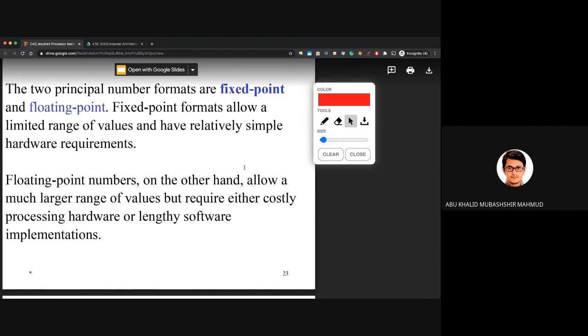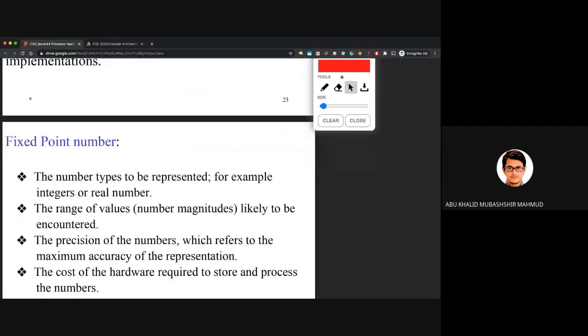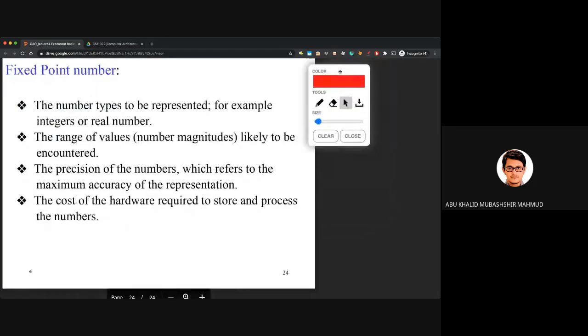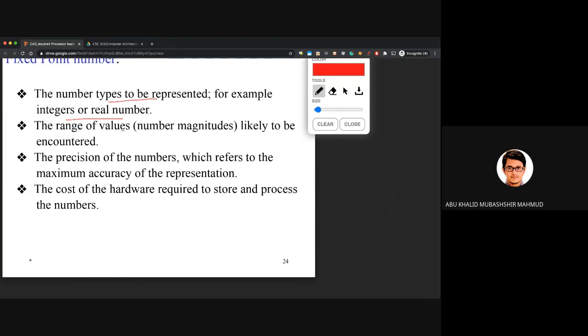Now let's move on to the next slide. What we have here is the fixed point number and some description of it. The number types to be represented, for example, integers or real numbers. The scope is greater in floating point numbers than in fixed point numbers. In fixed point, we have a limited amount of numbers to be represented, and the range of values is limited.